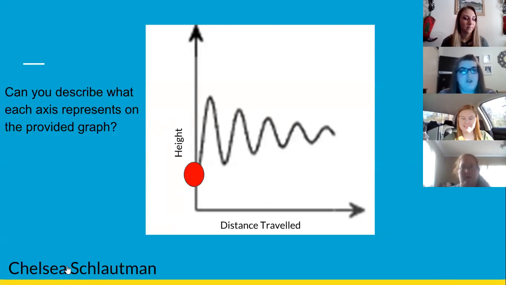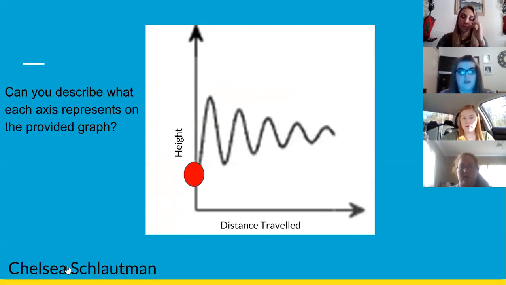Hey, Chelsea, can you describe what each axis represents on the provided graph? Yes, on this provided graph, it's labeled here. The distance traveled is on the x-axis, which is the horizontal line going from left to right. And on the vertical line, the y-axis, it's going to be the height.